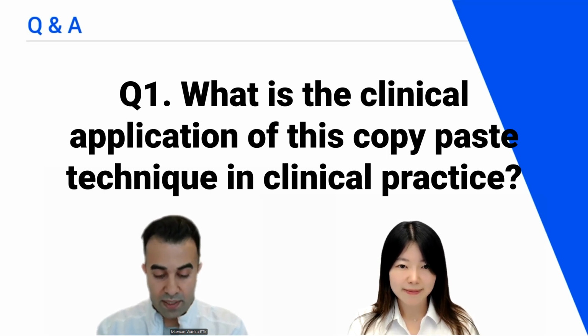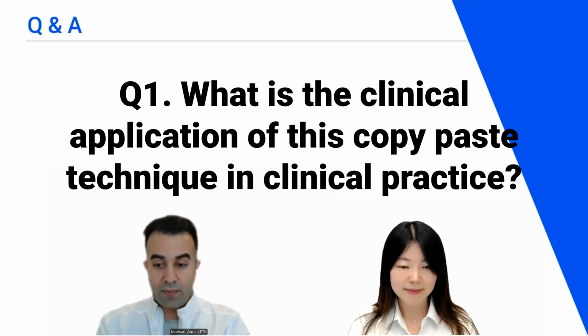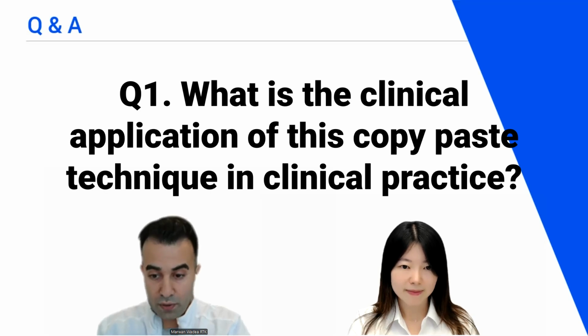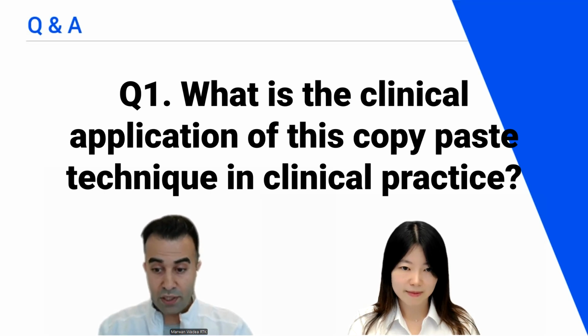In clinical practice, to obtain a copy, I believe there will be a scenario where, let's say, for example, a patient would come in, and she would need to have a denture or All-on-X. And when we ask the patient what the desired teeth shapes are, the patient might say, I would love to have a similar smile to what I used to have in the past when I was younger.